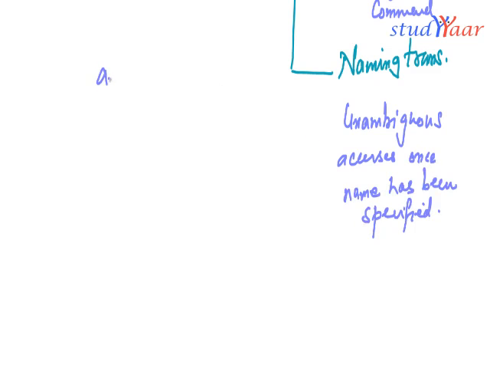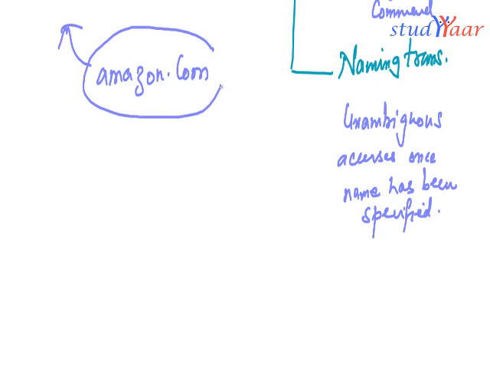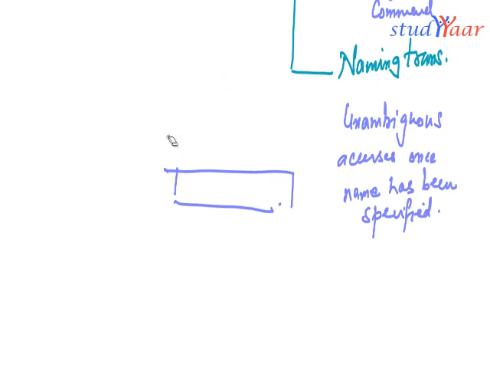Just like if you type Amazon.com, you really don't have to worry about where the server is located. The system is going to unambiguously take you to the server where Amazon.com is hosted. So that is the concept of naming transparency.